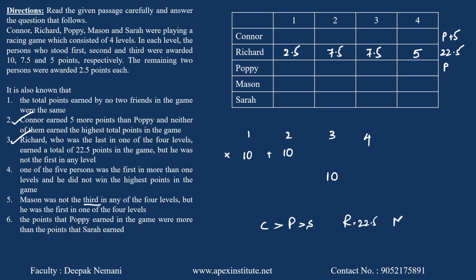We know that Mason was the person who got 10 points in one of the four levels. Now the person who has won 10 points in two rounds cannot be Richard. This person can be either Connor, Poppy, or Sarah.